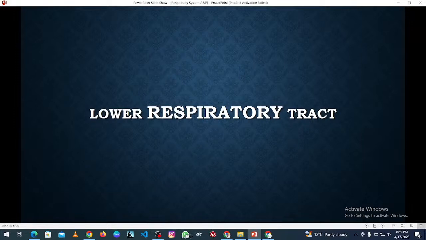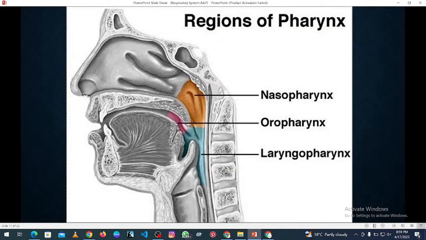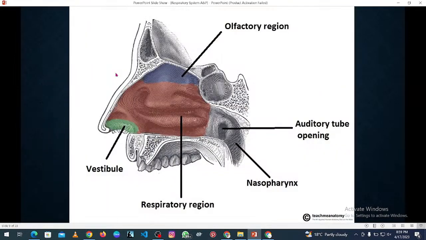So, as I said, in the nasal cavity we have blood vessels. In this respiratory region, we have blood vessels, and we have some systems here that cause a wave in our nasal cavity.